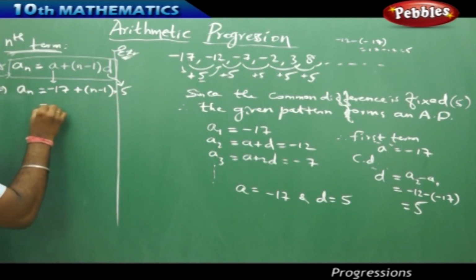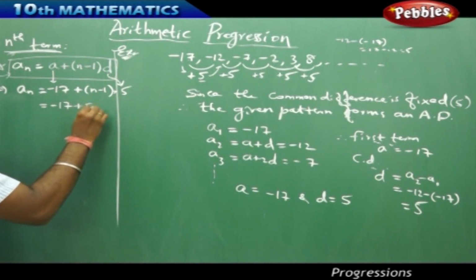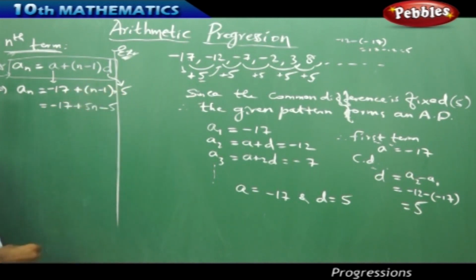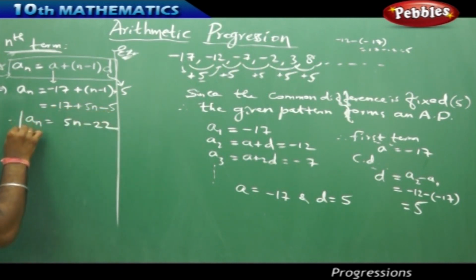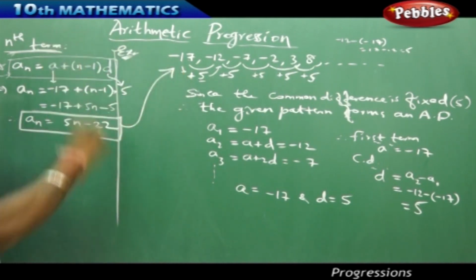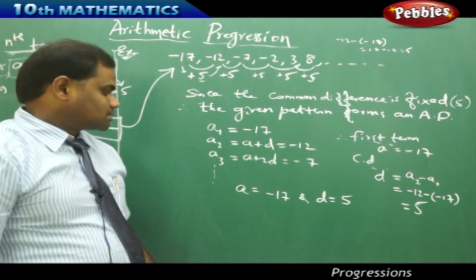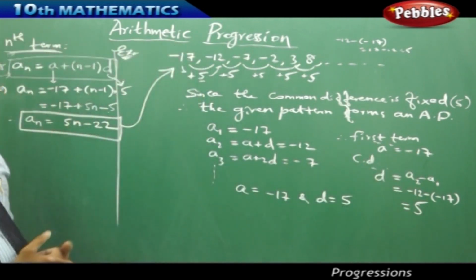Now I get minus 17 plus 5n minus 5. Therefore, an is 5n minus 17 minus 5, which is 5n minus 22, the nth term of the given sequence. That is how we get the first term, the common difference and the nth term.